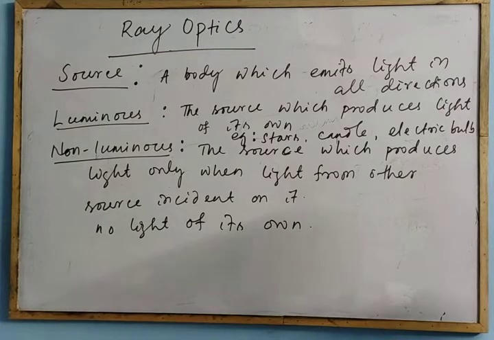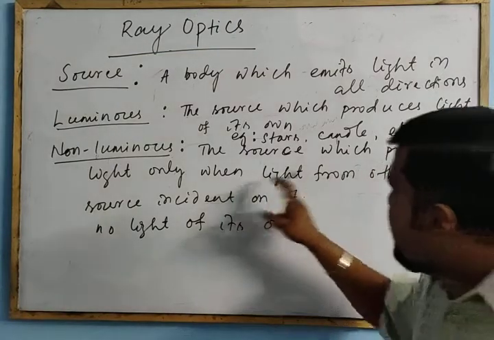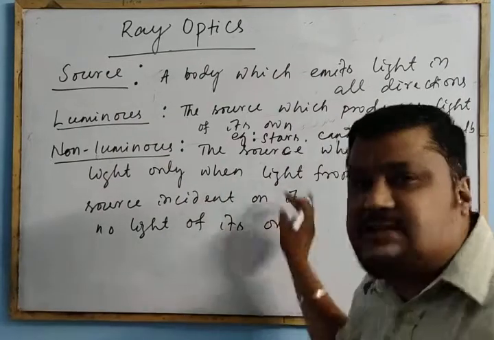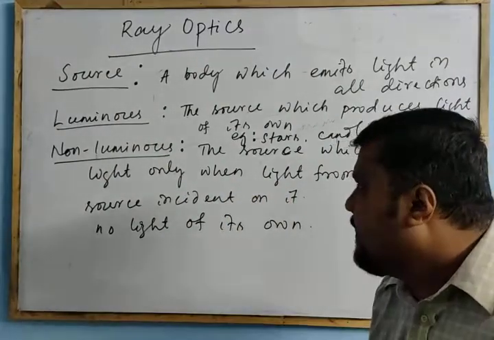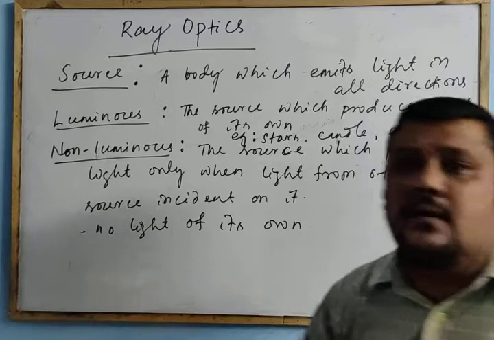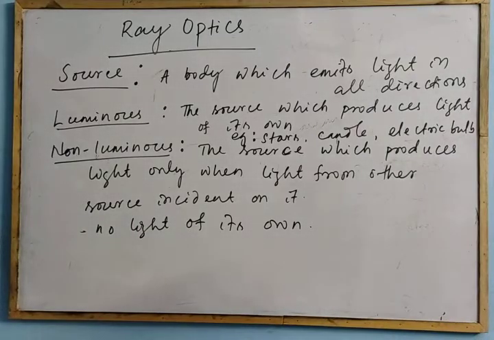But a non-luminous source produces light only when light from another source is incident on it; it has no light of its own. What are the examples of non-luminous?